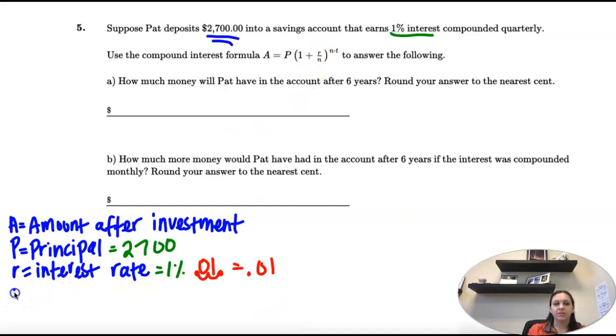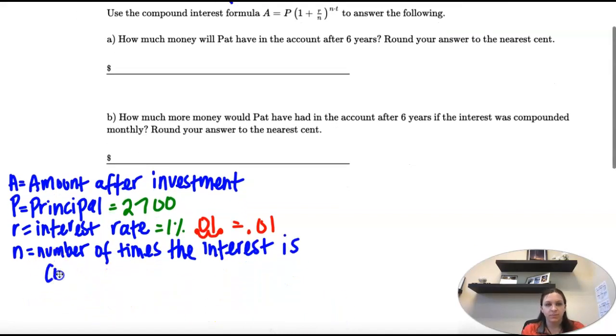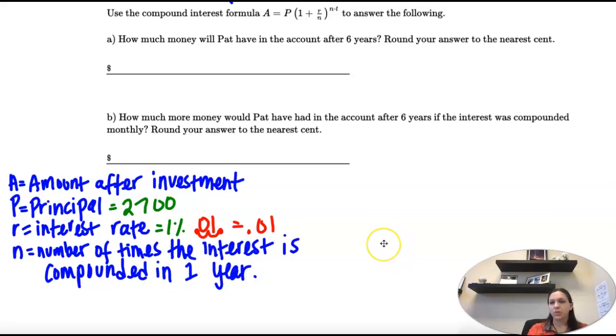Okay, our next variable is n. So n is the number of times the interest is compounded in 1 year. So what does that mean?